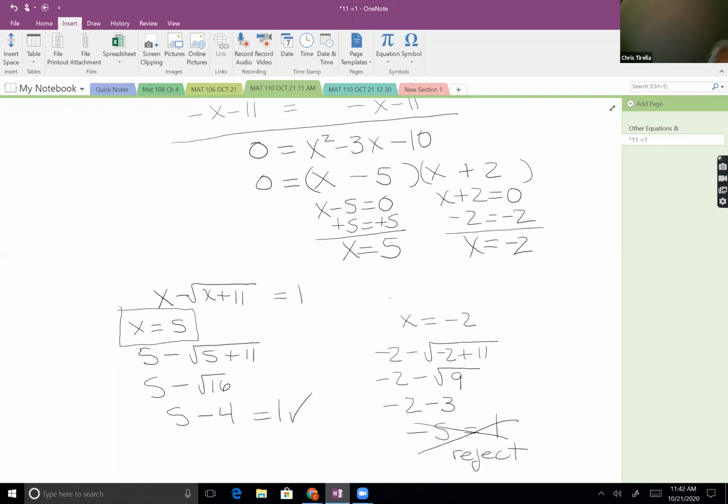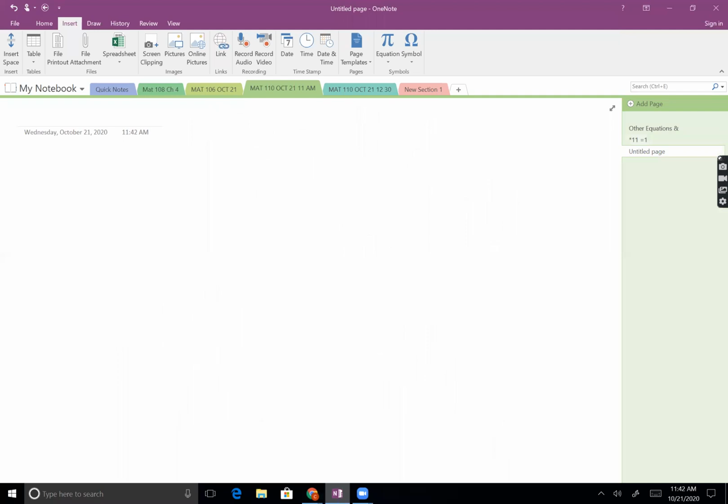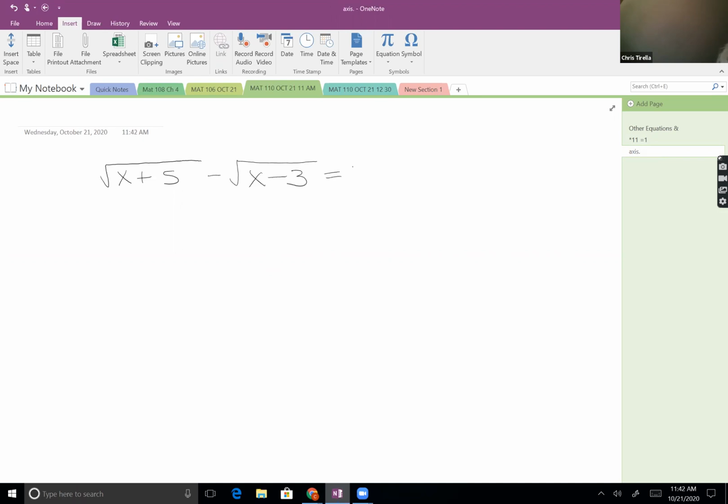Is everybody all right if I turn the page? Yes. Next one, I've got the square root of x plus 5 minus the square root of x minus 3 equals 2.